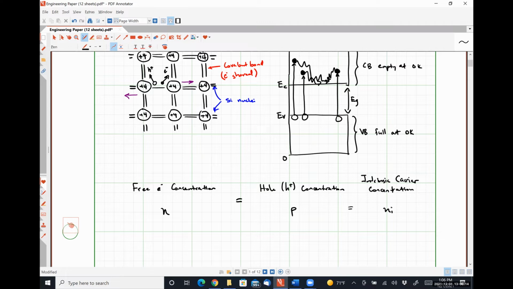N, P, and Ni are typically measured in units of per centimeters cubed.